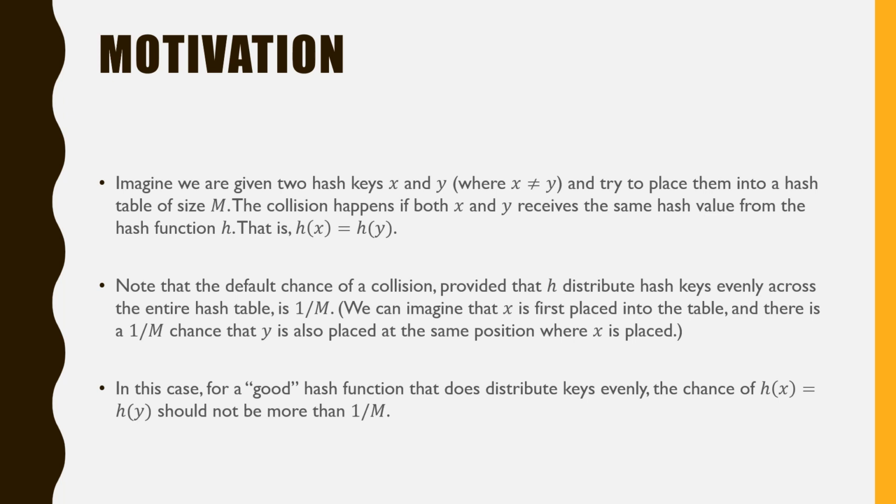Let's first look at what we would expect for a hash function that distributes the data elements evenly across the entire hash table. Denote two non-identical hash keys as x and y, the hash function as h, and the hash table size as m. Imagine that we have first inserted x into the hash table, and now we are trying to insert y. If we have a good hash function, then the location where y will be inserted should be independent of that of x, as x and y are non-identical hash keys.